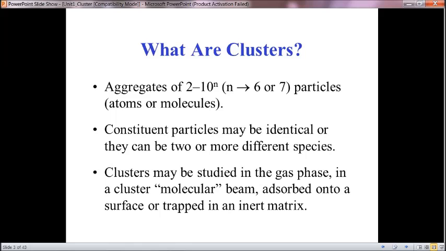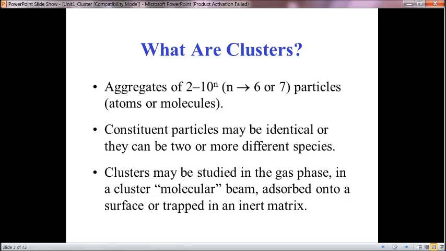So clusters are the aggregates of 2 into 10 to the power n particles which form atoms or molecules. So this n will be 6 or 7 based on the state in the periodic table. These constitute particles which may be identical, and they can be two or more different species, because we can't predefine a cluster as it is an accumulation of charge.